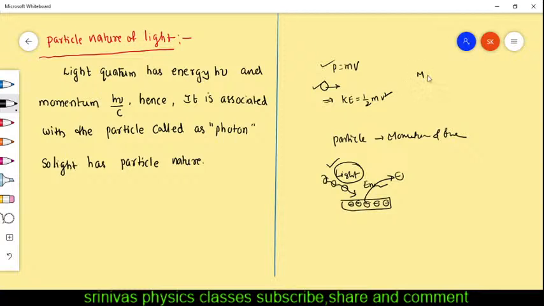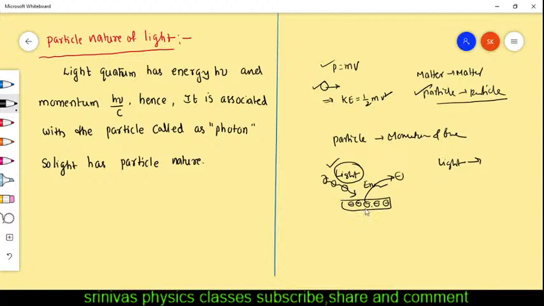Generally matter interacts with matter, meaning one particle collides with another particle, applies force and supplies energy. But here the light is also interacting with matter. Light interacting with matter means light is also made up of particles.